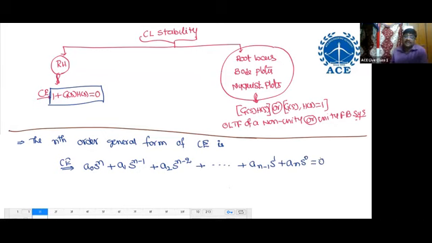This is the nth order general form of characteristic equation.